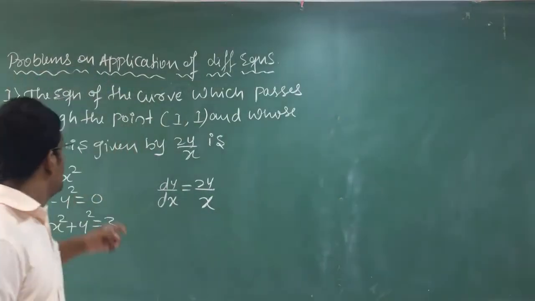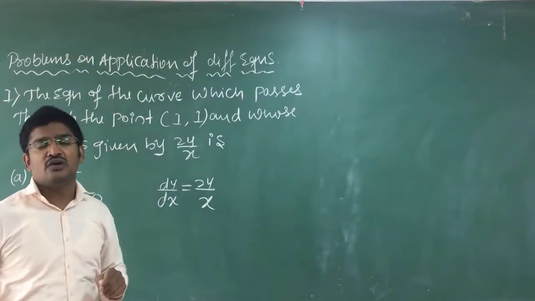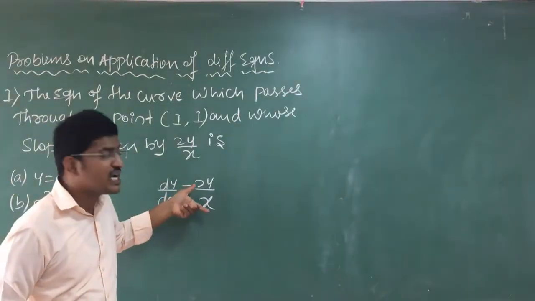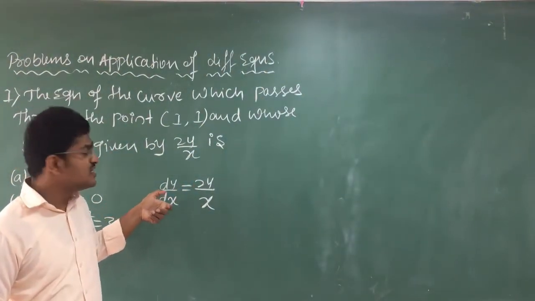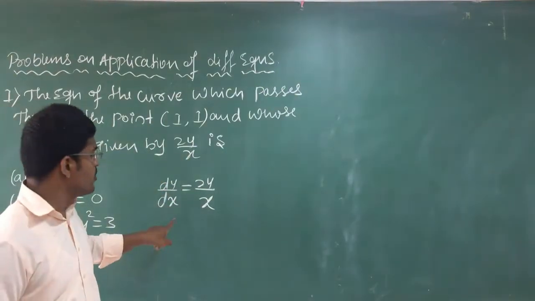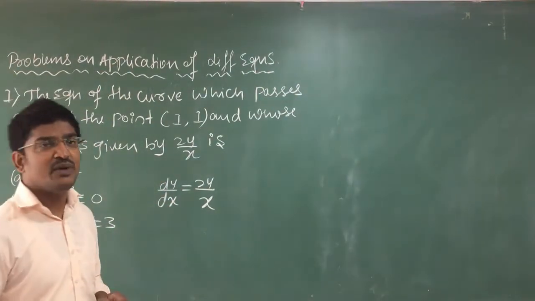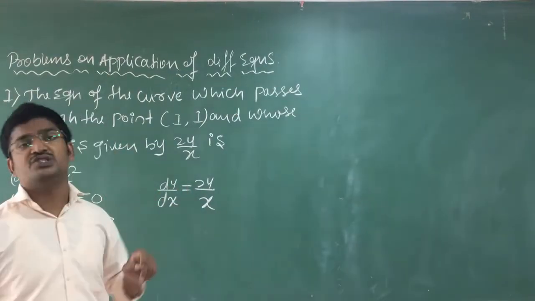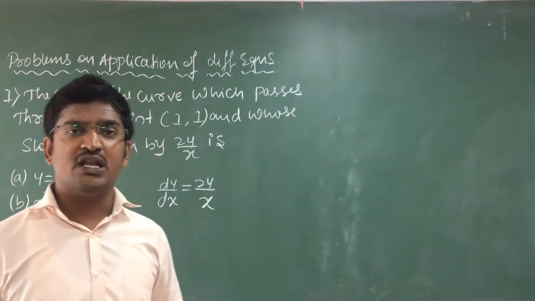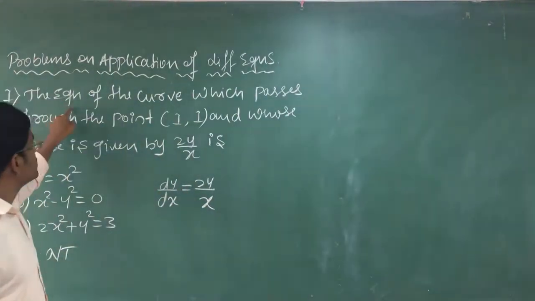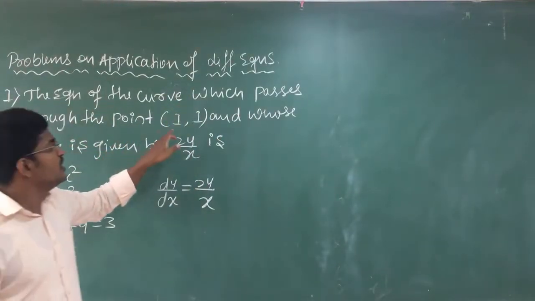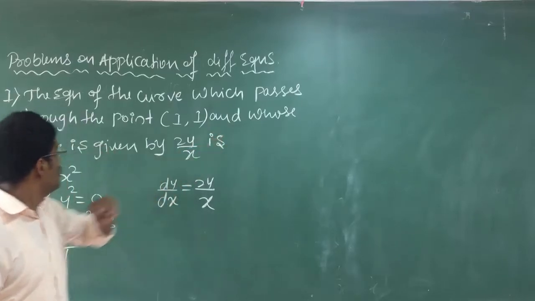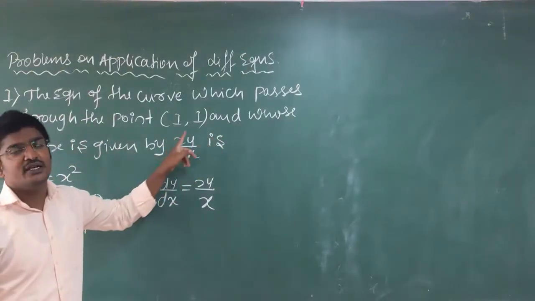They are asking the equation of the curve. This is in the form of a differential equation. That means they are asking the solution of this differential equation. Are you getting my point? Listen carefully again. The equation of the curve which passes through the point 1, 1 and whose slope is given by 2y by x.